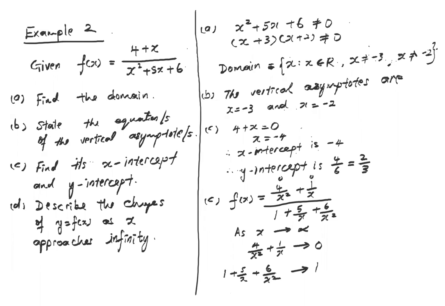But my f(x) will approach 0, from the top, because all these values are greater than 0, from above.